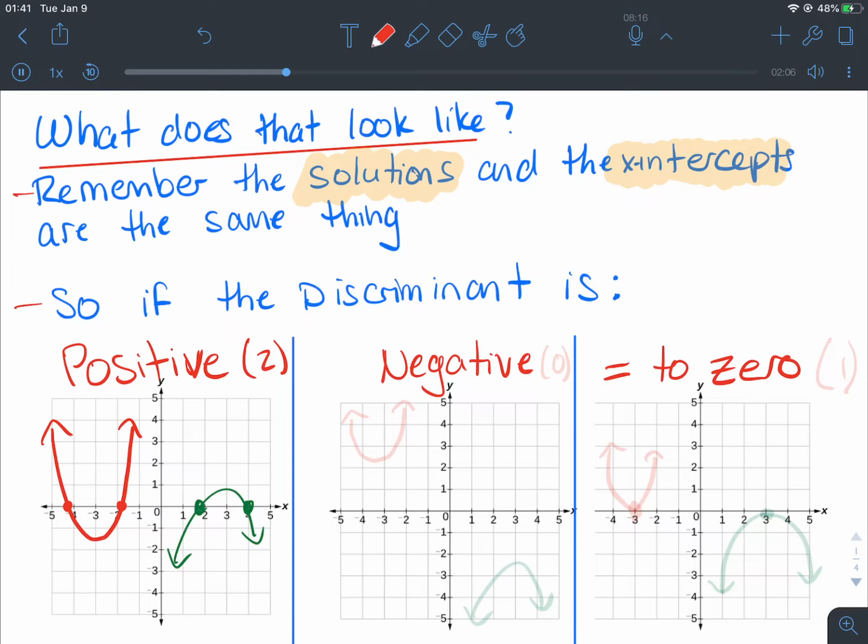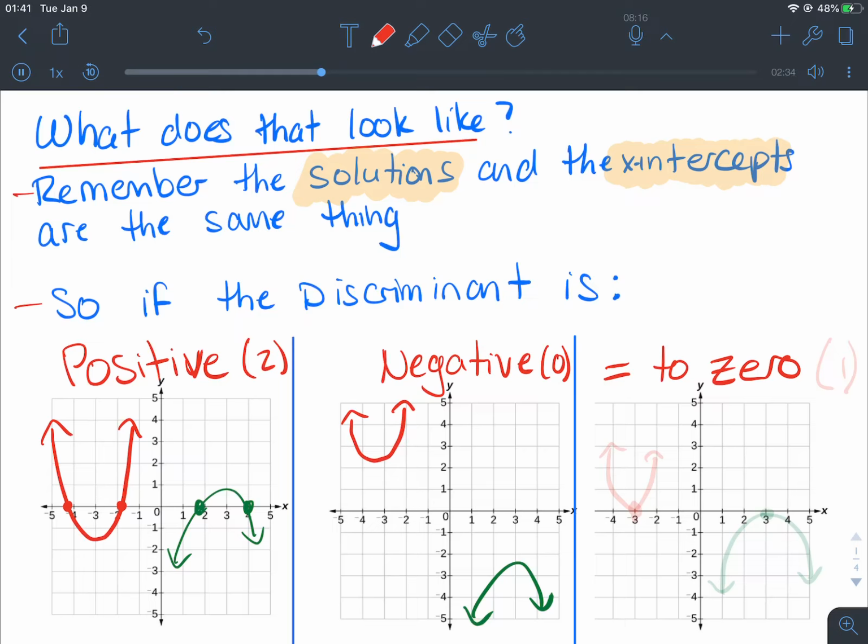If the discriminant is negative, that means there are 0 solutions or 0 x-intercepts. So 0 x-intercepts can look like this, or it could look something like that. Notice those graphs, those parabolas, do not intersect the x-axis. And what if it's equal to 0?